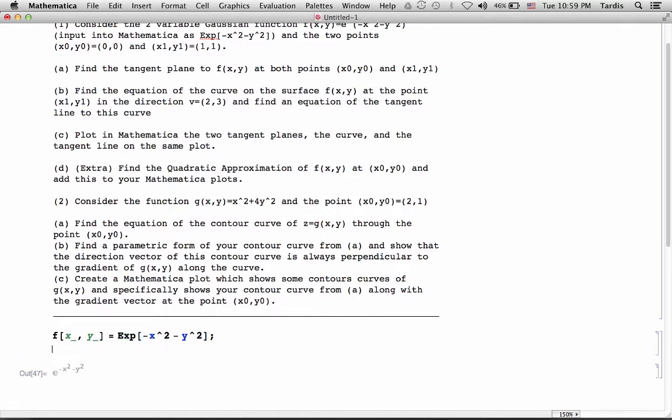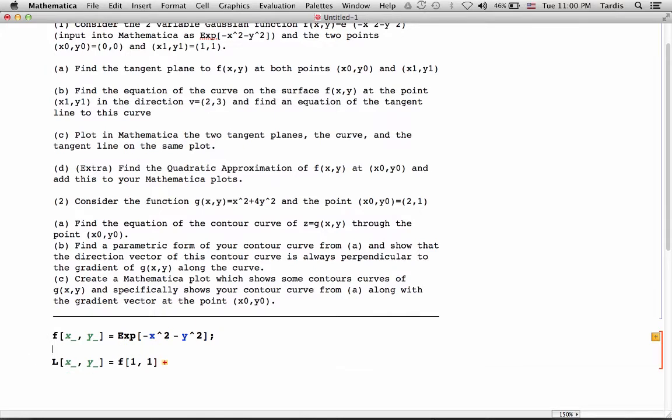We're interested in the point (1, 1) and its tangent plane, so you simply have to make the tangent plane L of x, y. It should be the function evaluated at (1, 1) plus, let me first make my derivative.